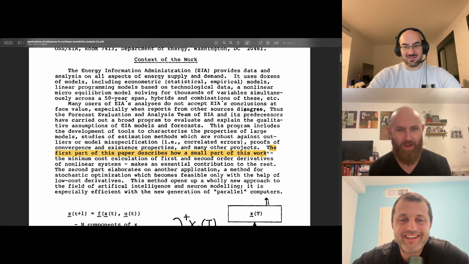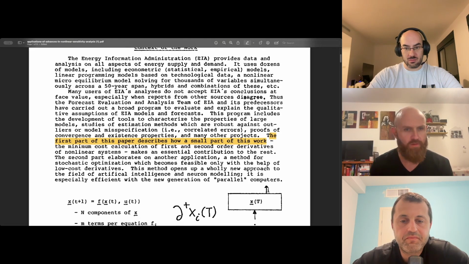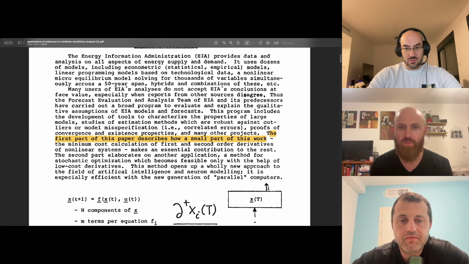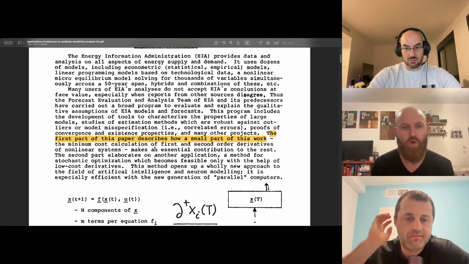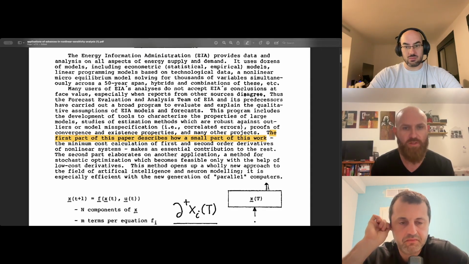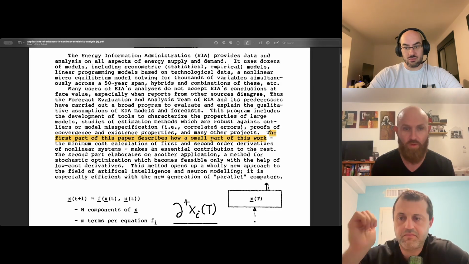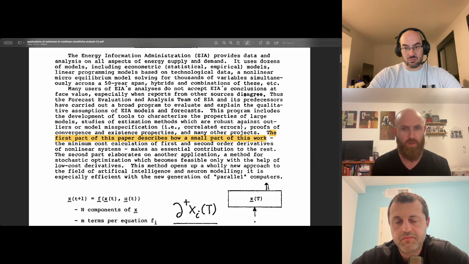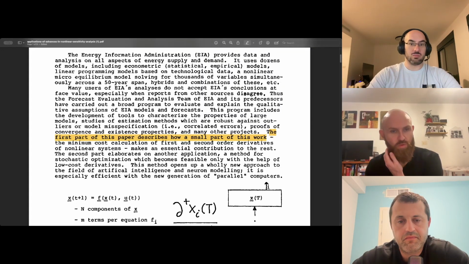So I'll give the introduction, or what he called the context of the work. I won't read everything, but he says the first part of this paper describes how a small part of the work, the minimum-cost calculation of first and second order derivatives of nonlinear systems, makes an essential contribution to the rest.